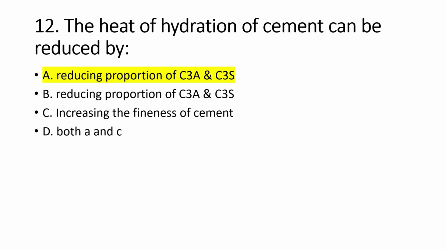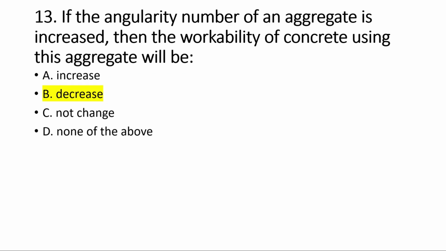Move on to the next question. If the angularity number of an aggregate is increased, then the workability of concrete using this aggregate will be decreased. We know the angularity number is the percentage of voids in excess of 33%, and the higher the angularity number, the more angular the aggregates are, and the less workable is the concrete mix. This is a thumb rule.